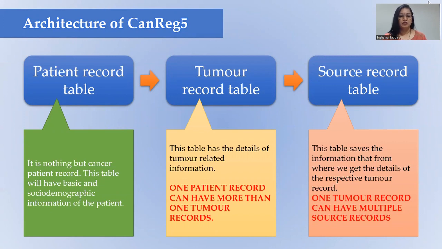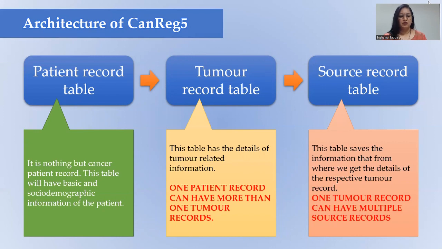Next, we will come to the source record table. The source record table gives us the information on where the tumor information was collected. Supposing I'm getting information of a particular tumor from a path lab, the information regarding the path lab is mentioned in the source record table. One single tumor can have multiple records in the source table.